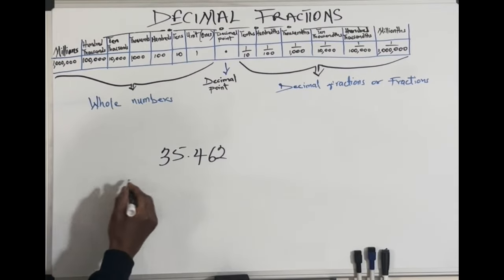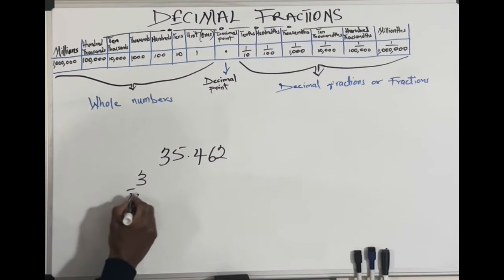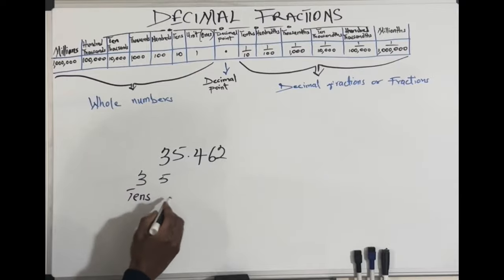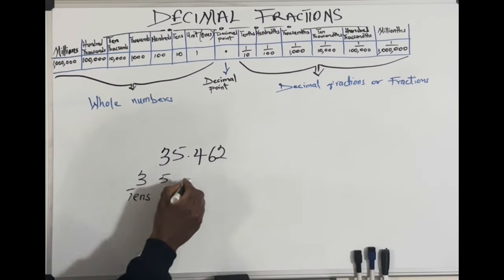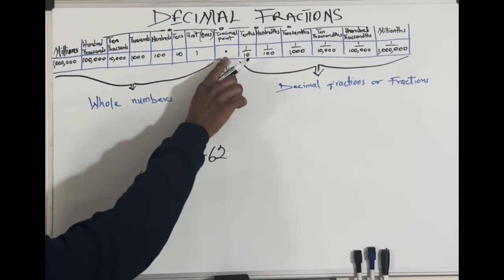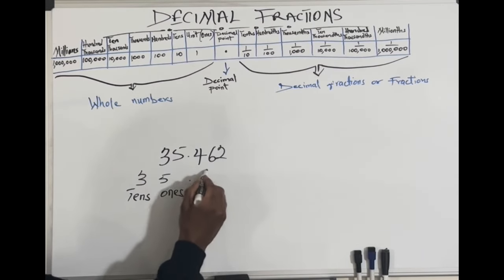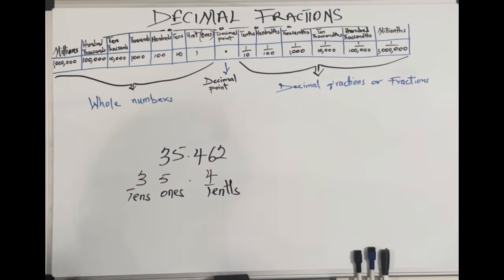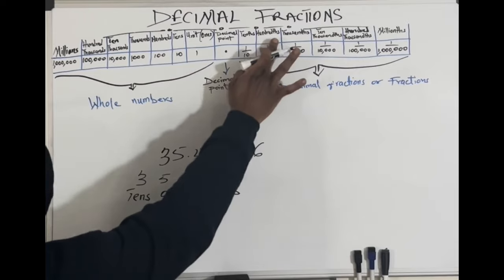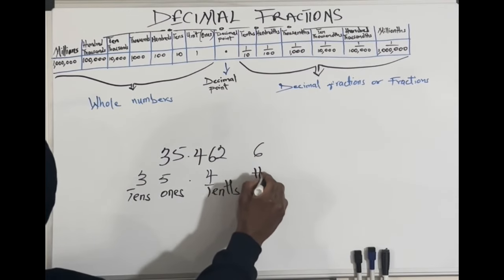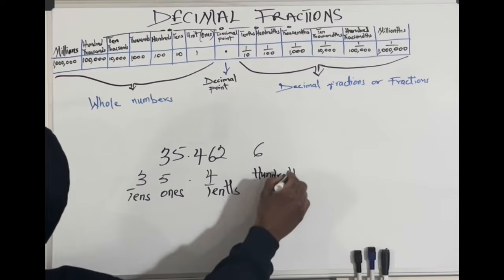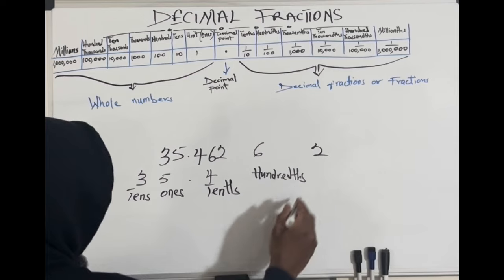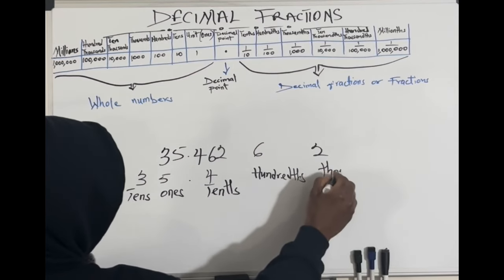So we can call it 3/10, okay, and then 5 ones. After the point we go to tenths. So 4/10, 600, and 2,000.